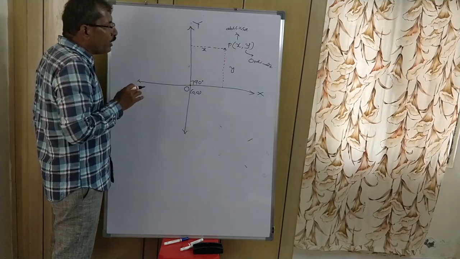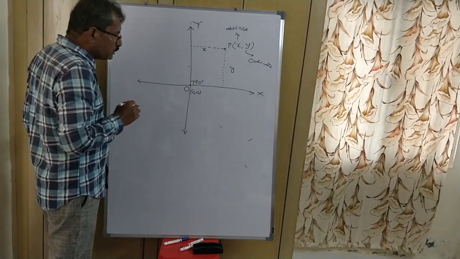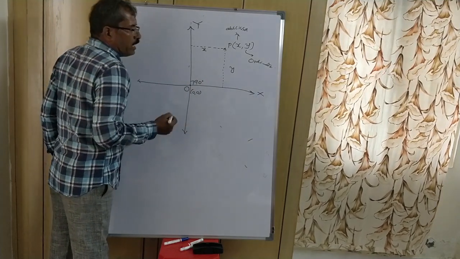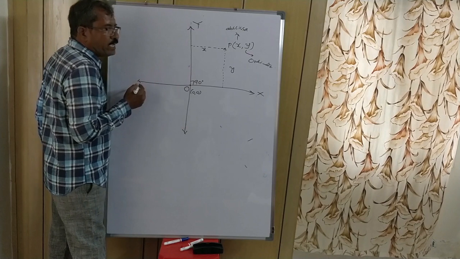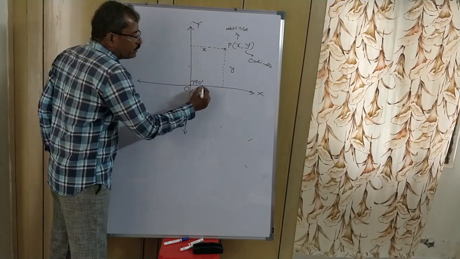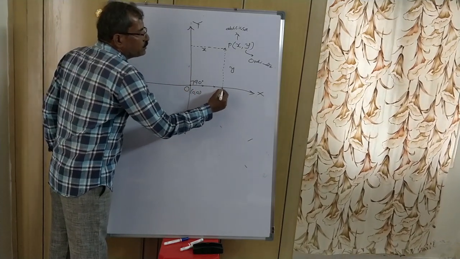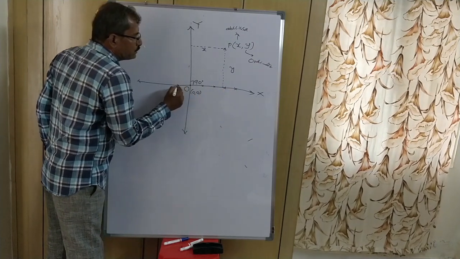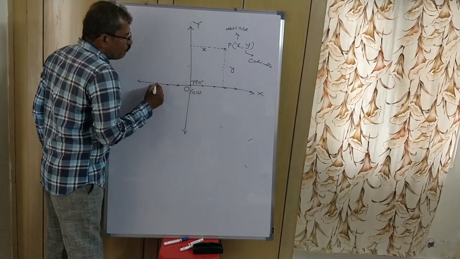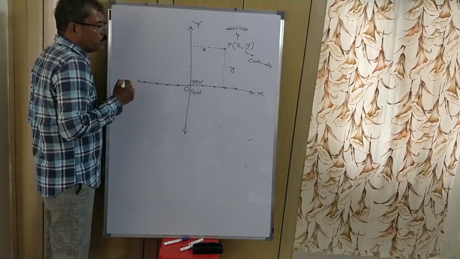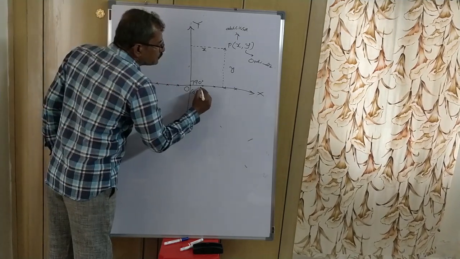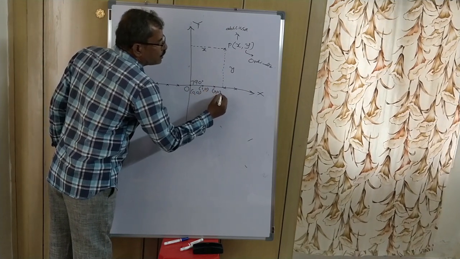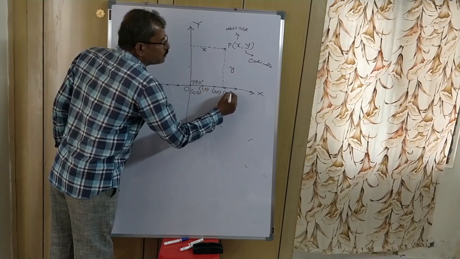And after that, suppose what is the equation of this x-axis? On the x-axis, you observe that every point has the y coordinate 0. Let us say this one is 1, 0, this is 2, 0, 3, 0, and so on.